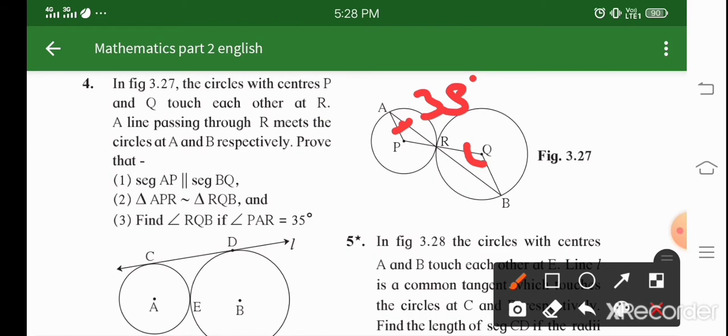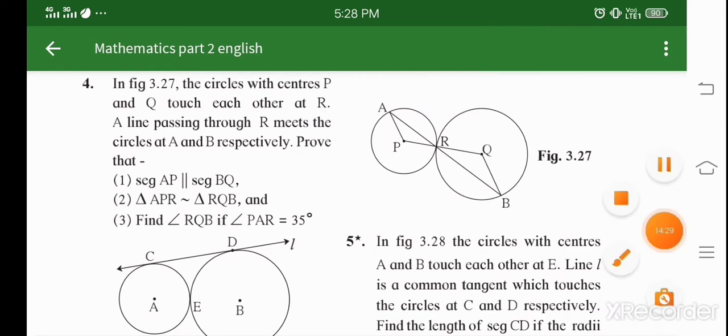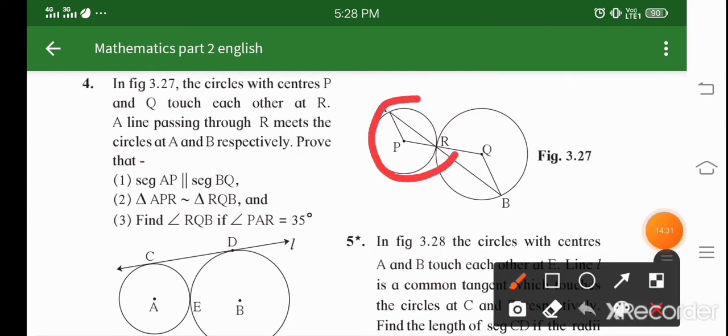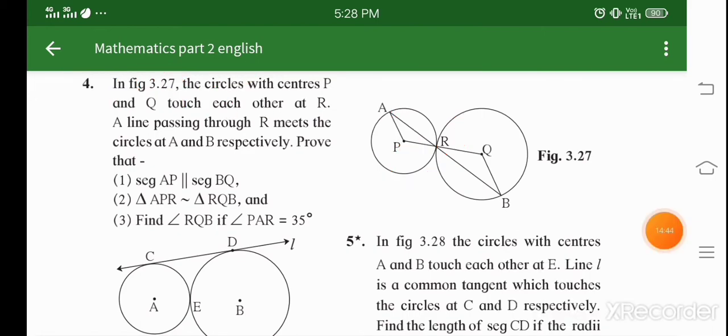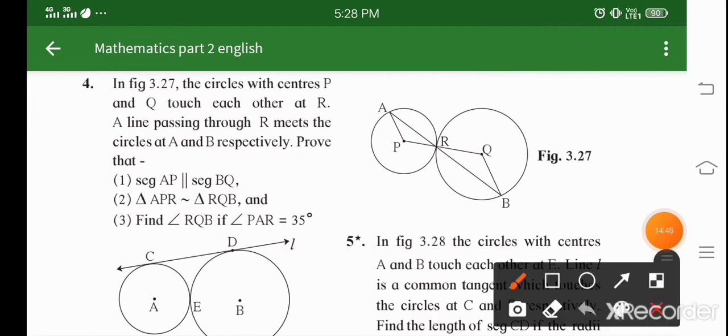Now first of all, just see this triangle. Can you see this triangle APR, right? So just write over there, in triangle APR. If you see over there, this is AP, right? This AP is a radius and PR is also radius.